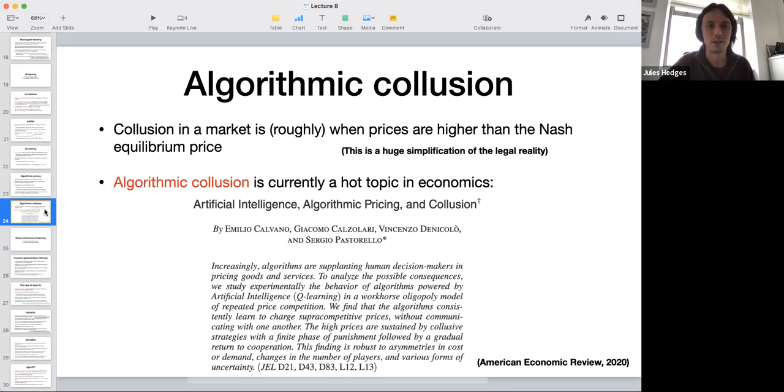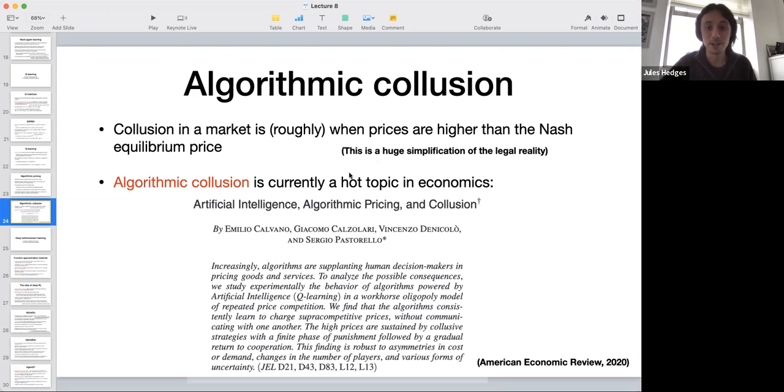Collusion is a bit of a complicated thing, but to a first approximation, the pricing game has a Nash equilibrium, and under ideal conditions, the market is supposed to give you the Nash equilibrium price, and that's considered fair for consumers. So when prices rise higher than the Nash equilibrium price, this is when alarm bells ring. The legal reality is a lot more complicated than this, because there are such things as intent as well.